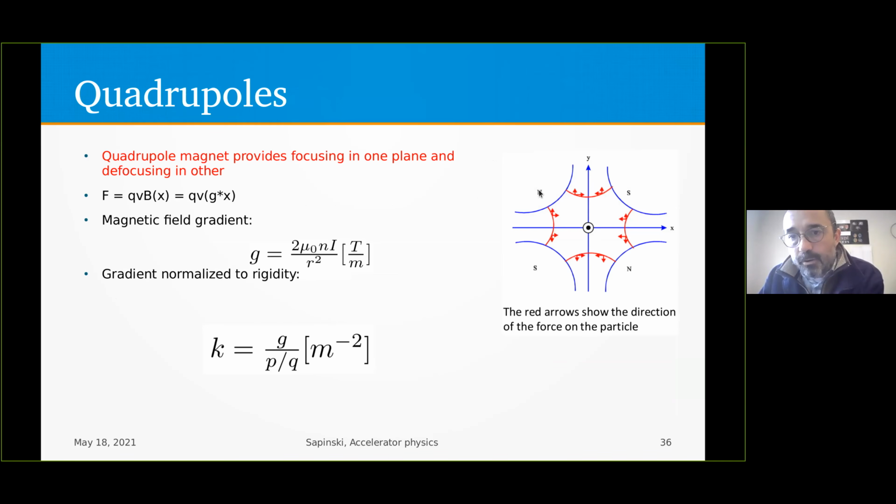We have the poles, 2 north poles and 2 south poles. In the middle of the magnet, the field is 0. So the good particles are neither focused nor defocused. But if they are traveling away from the beam center, they start feeling forces from those magnetic field lines. Those forces here are focusing, while here they are defocusing. And there is no way around it.